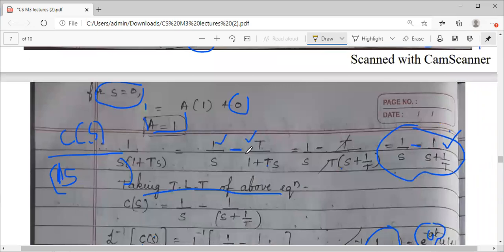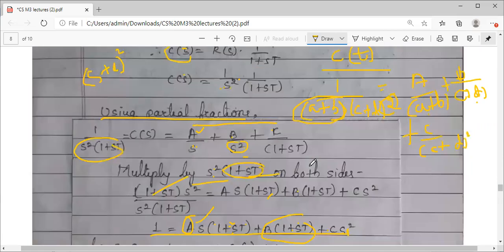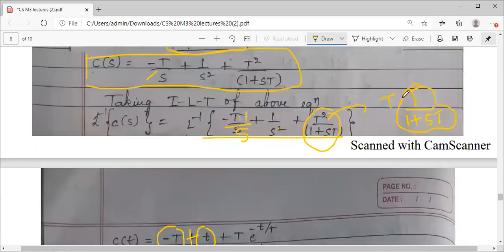Taking this t common in the denominator, t gets cancelled. It is nothing but 1 divided by s plus 1 by t. Simply splitting this term, 1t is as it is.